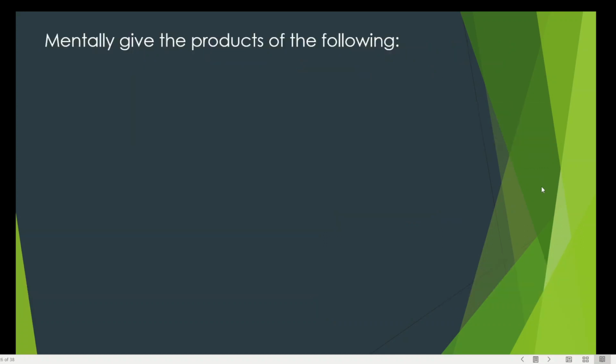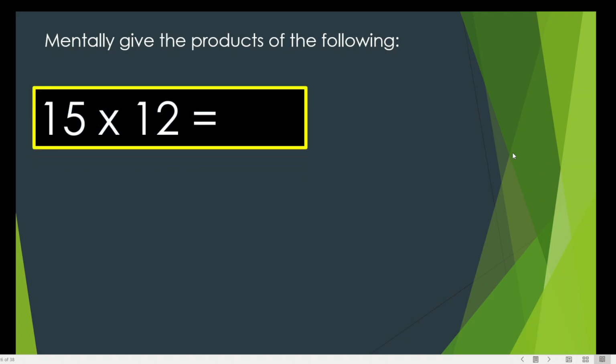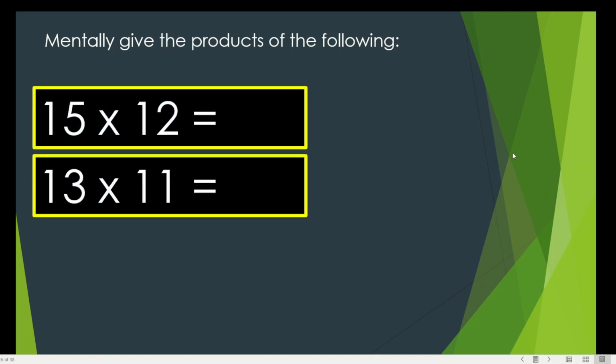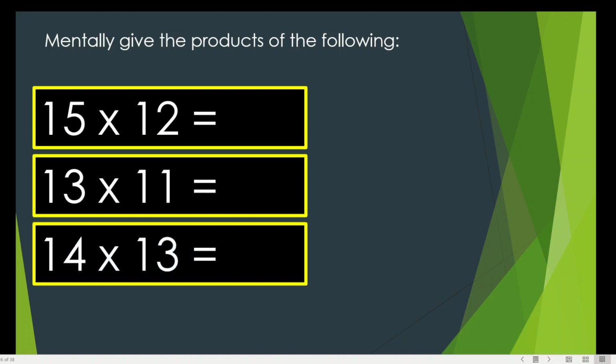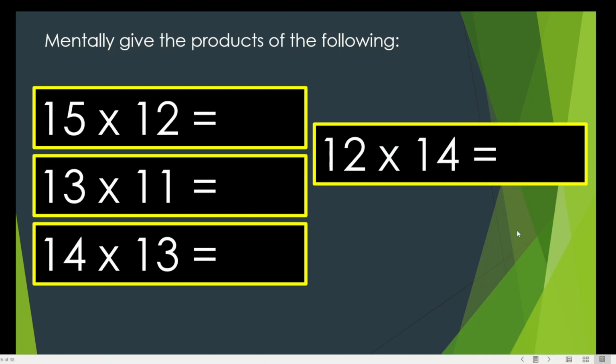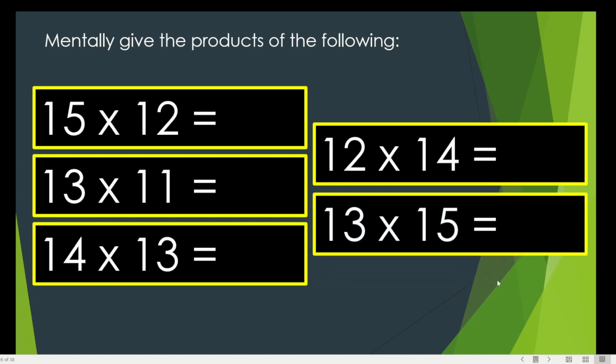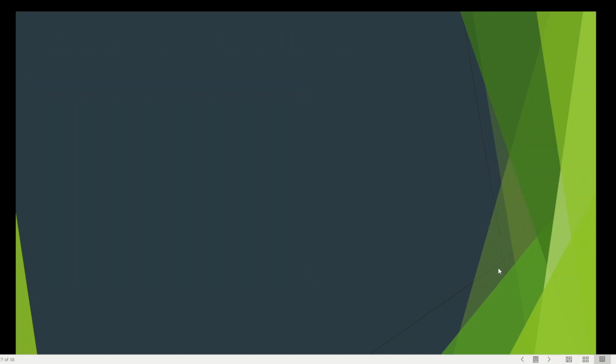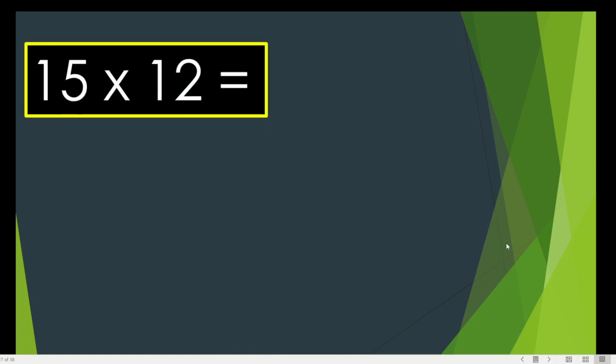Now let us mentally give the products of the following. So 15 times 12, 13 times 11, 14 times 13, 12 times 14, and 13 times 15. Okay, so let's begin with 15 times 12.